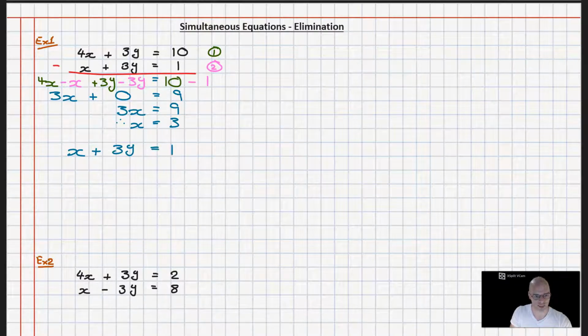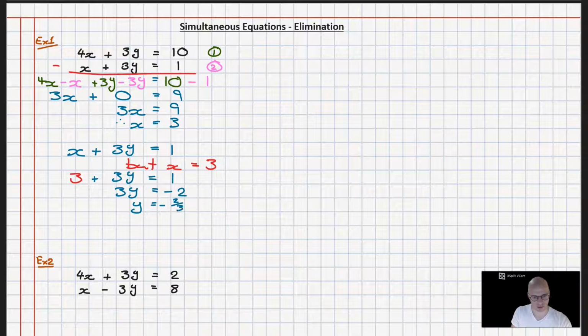But x equals 3, therefore 3 plus 3y equals 1, 3y equals minus 2, y equals minus 2 divided by 3. So those are our two solutions. Okay, so that's a nice simple one.